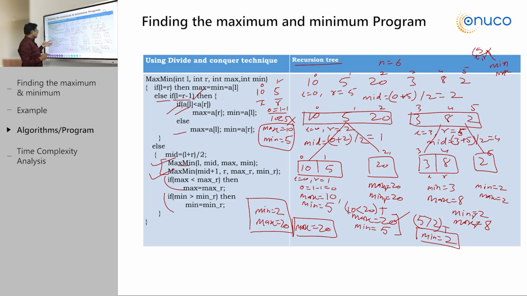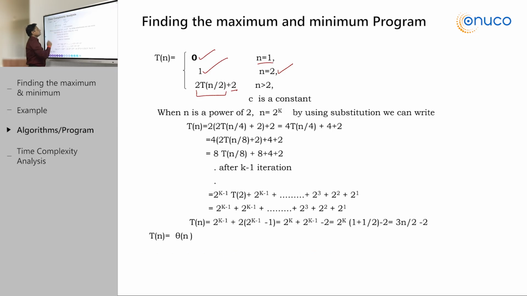We are doing both parts, hence it is 2T(n/2) plus 2. 2T(n/2) is the time taken to perform the left side of the array and the right side of the array, and 2 is to perform other operations: for the case where the low index and high index are the same, or low index is high index minus 1, you use an if-else statement, and a final if-else statement to compare left min with right min, left max with right max.